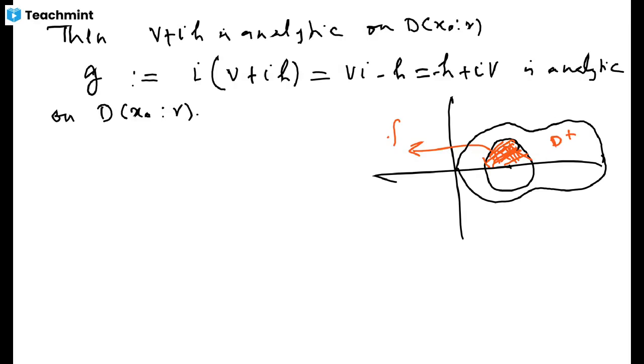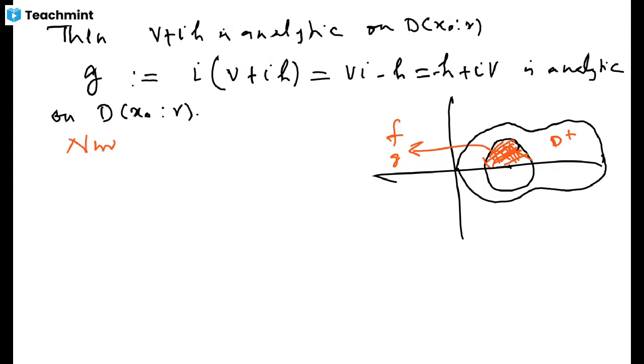F is defined on this part. We do not know whether F is defined on the lower part of this disk or not, but for sure it is defined on this upper part. Actually we have two functions, F and G, now on this part. G is analytic on the whole of the disk, but F and G both are defined on this upper part of the disk.